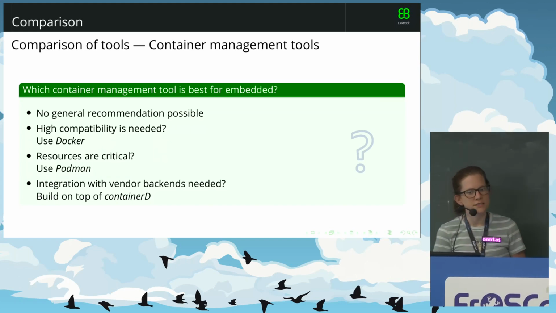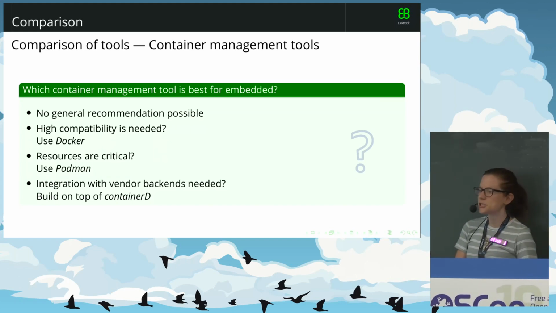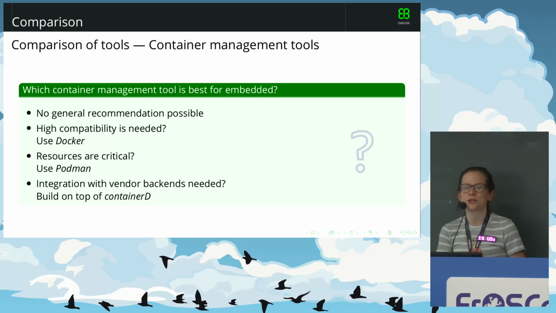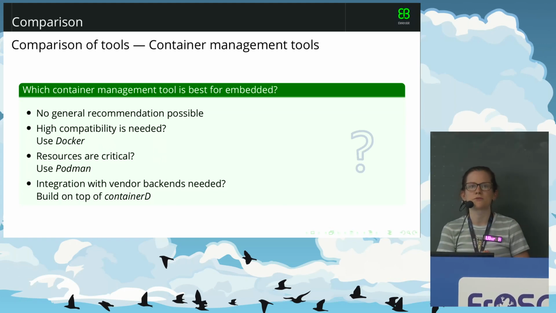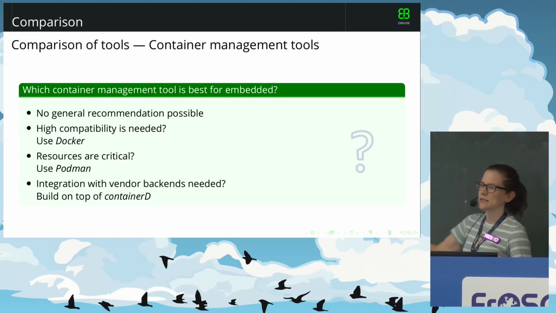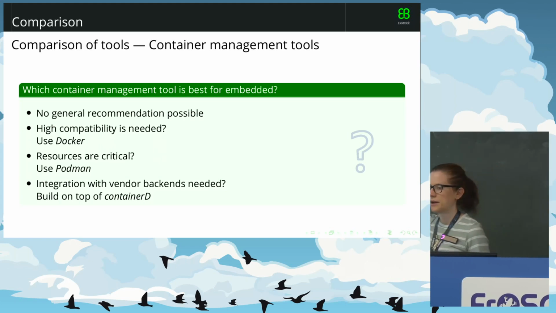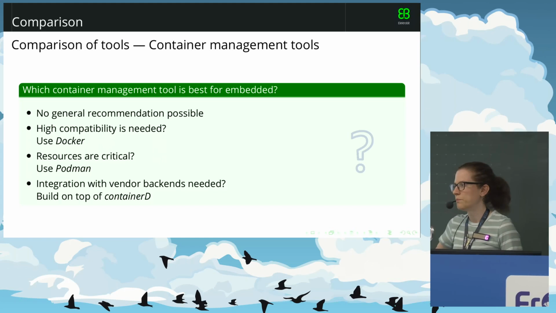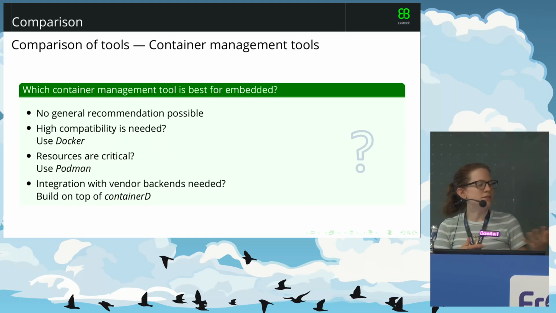A little bit harder is the decision which container management tool is now best for embedded. Here I would say that there is no general recommendation possible because it really depends on how large scale your embedded project is, what is the ecosystem around it. Do you have maybe some vendor backend already for over-the-air updates and so on, or how is this looking?